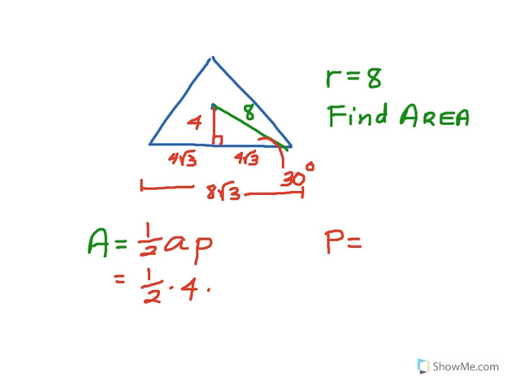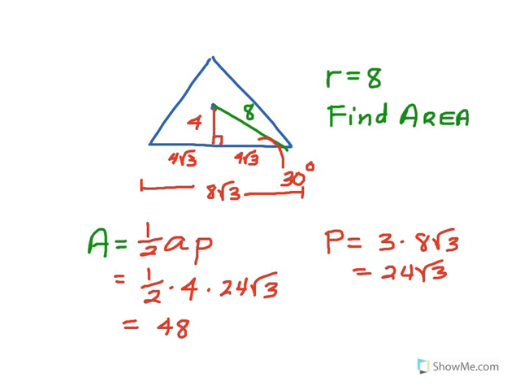And so the perimeter is 3 sides at 8 root 3 each. So this is 24 root 3. So back to my formula, 1/2 the apothem of 4 times the perimeter of 24 root 3. So half of 4 is 2, times 24 is 48 times the square root of 3 square units.